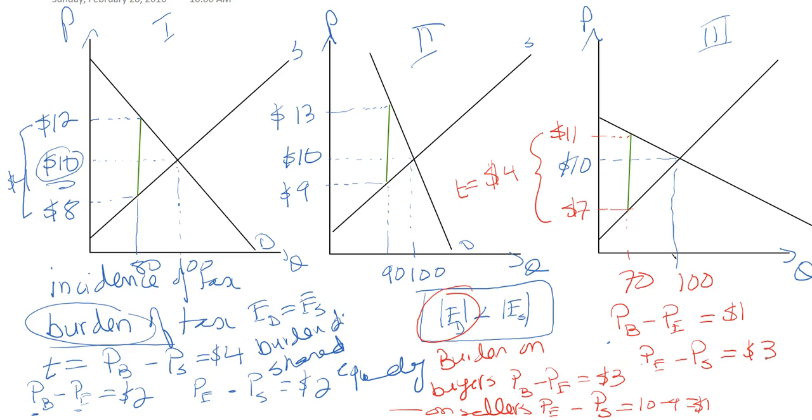So in this case, the burden of tax is greater on the sellers, and that's because we assumed that the supply is much less elastic than demand, or in fact, supply is inelastic and demand is elastic. When supply is inelastic, it is the sellers who bear most of the tax.